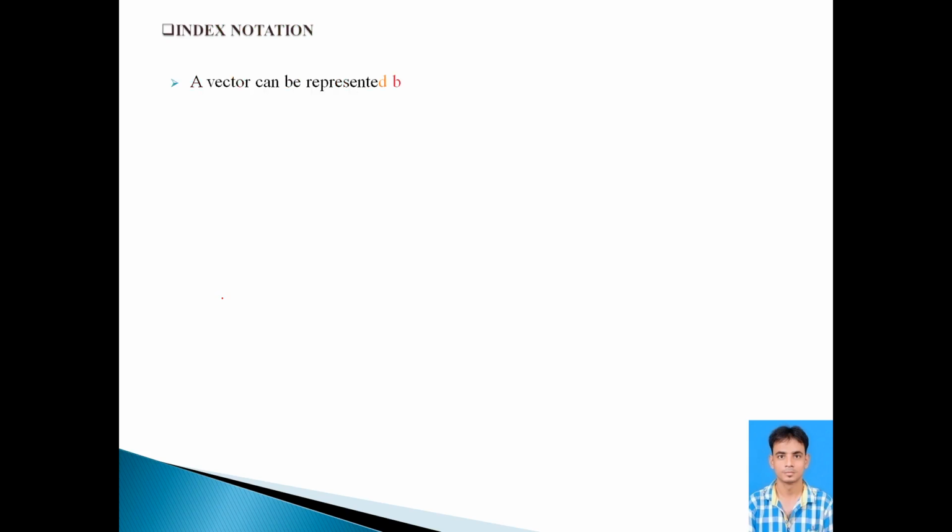So now we will introduce the index notation, which is very important for understanding the subject solid mechanics. There are lots of equations where we will use index notation, which basically reduces the representation. Let us take an example.